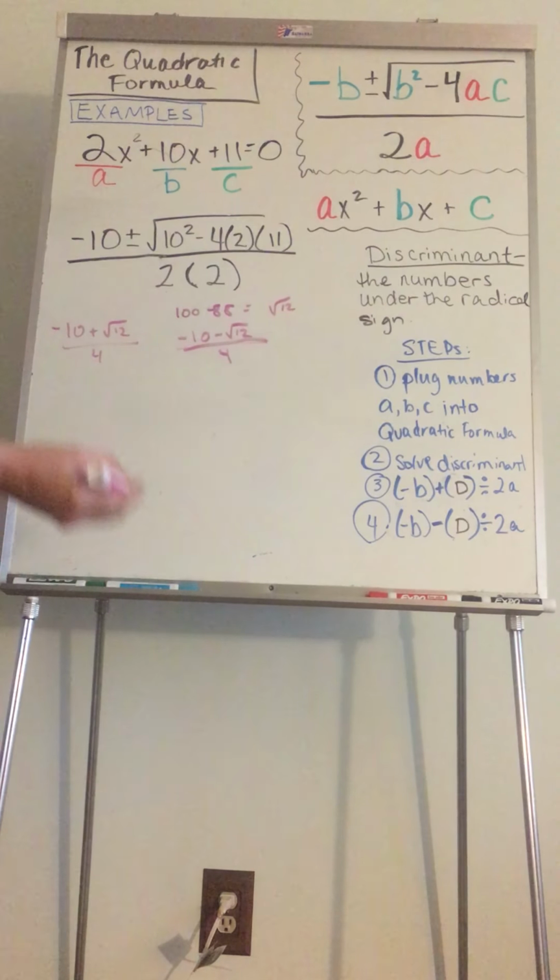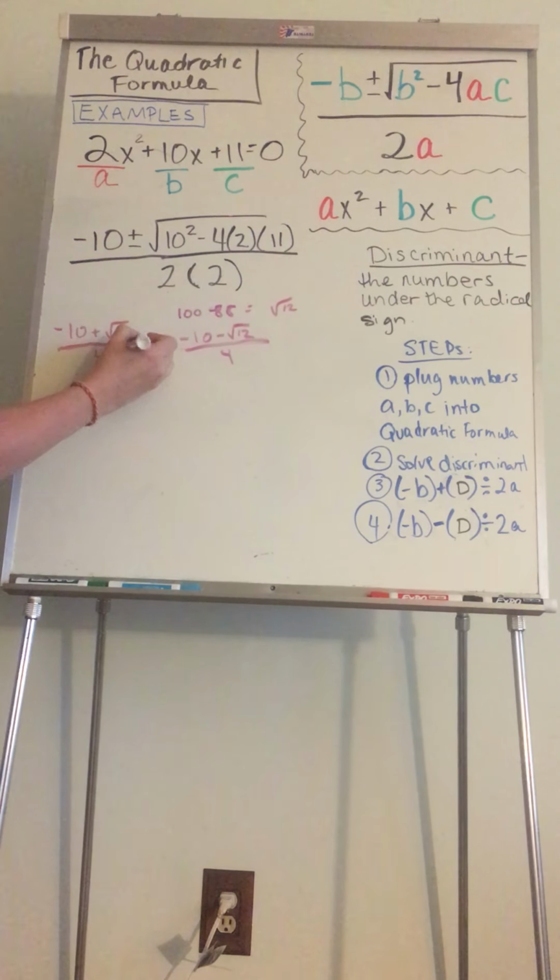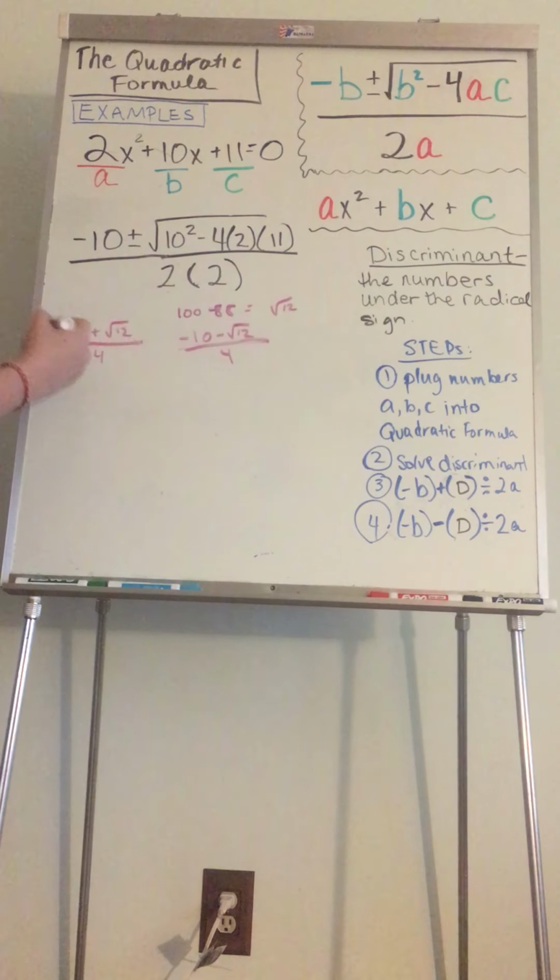Now if you're asking, well, what do I do first? Do I divide 12 by 4 or 2 by 4? If you remember from our very first unit at the beginning of the year, when we did order of operations, PEMDAS, this division bar acts as a grouping symbol. It means that whatever's on top needs to be done first. Okay, so I've got negative 10 plus the square root of 12 over 4.